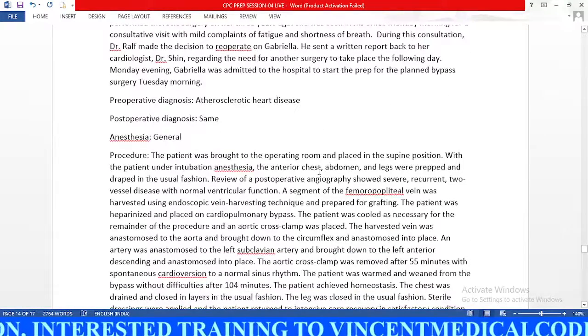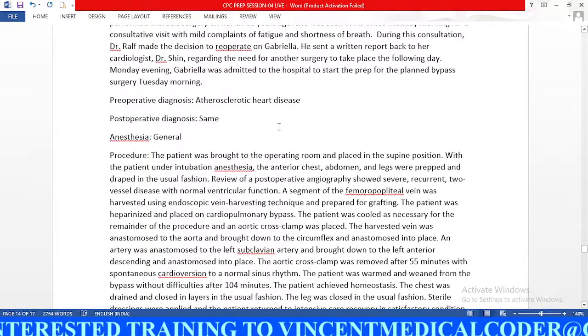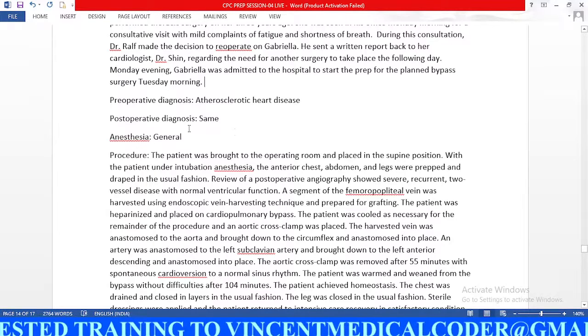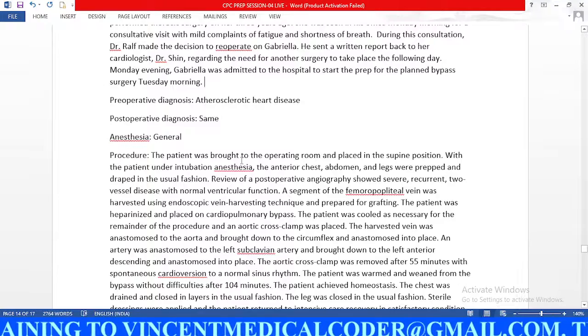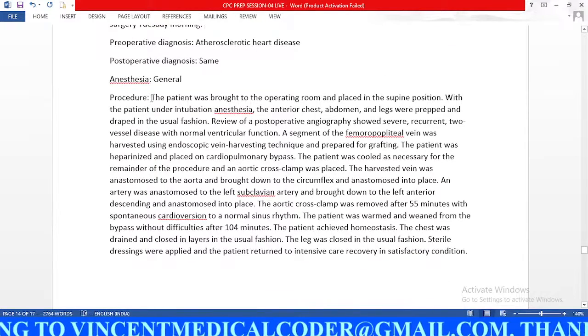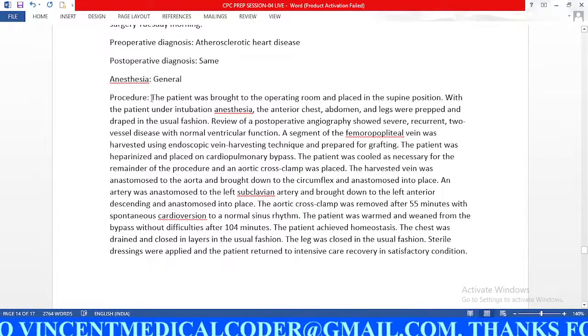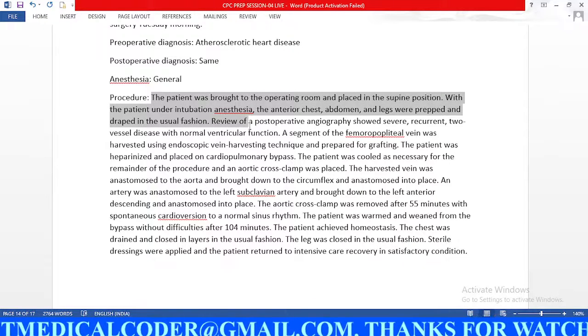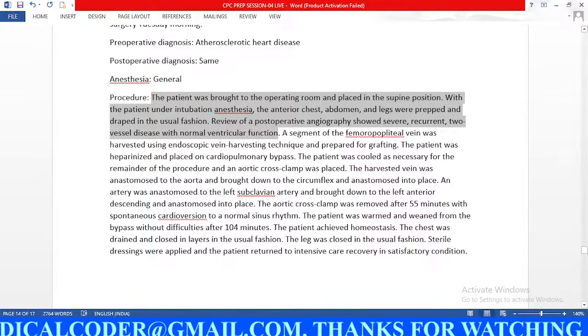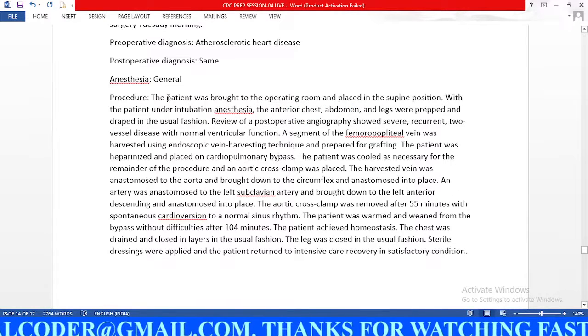Our preoperative diagnosis is atherosclerotic heart disease, and the postoperative diagnosis is also the same, anesthesia general. In any operative report, the initial 2 to 3 lines are just general purpose. Anyway, we'll read for now.